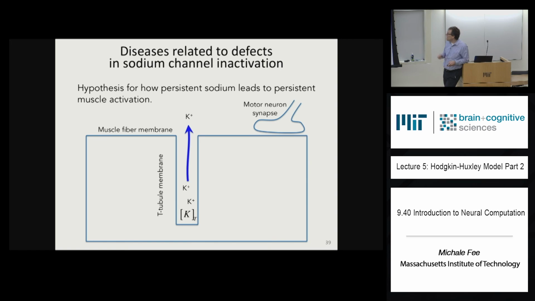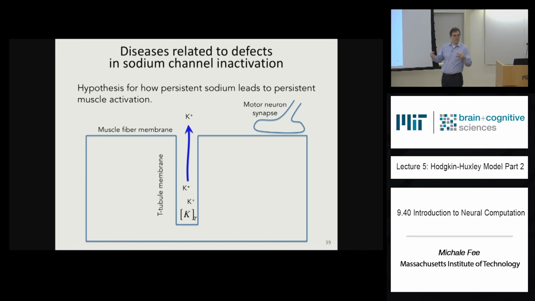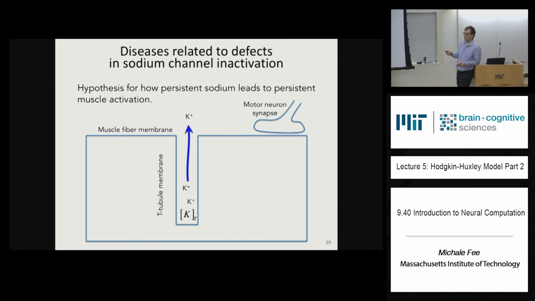Okay, and what is going to affect that potassium concentration? What are the sources of potassium? What are the sinks of potassium? Anybody? Well, one is just diffusion, right? So we can model that. And that looks an awful lot actually like Fick's first law.